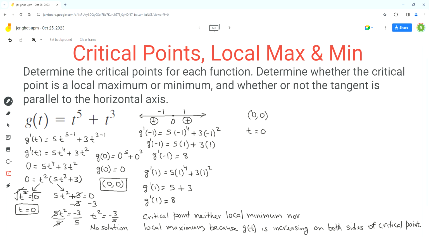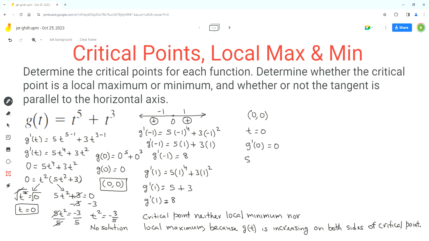And we know that prime of g at t equals 0 is 0 because we found this t equals 0 by subbing in prime of g at t as 0. So prime of g at 0 is equal to 0. So that means the slope of the tangent to this function g at t is equal to 0 because the prime of the function represents the slope of the tangent.